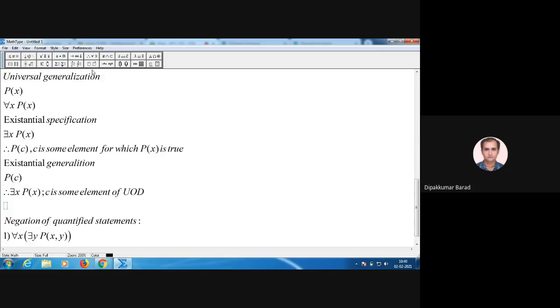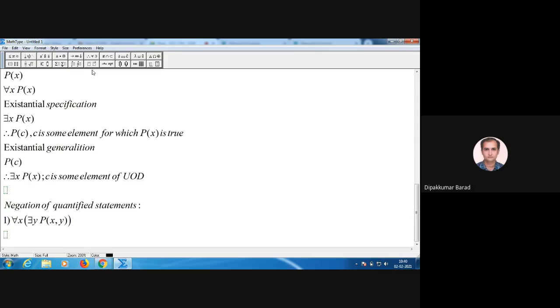If I want to write the negation of this statement, what can we say here? The statement is for all x in bracket there exists y, P of x comma y. So now the negation of the given statement is not for all x in bracket there exists y such that P of x y.